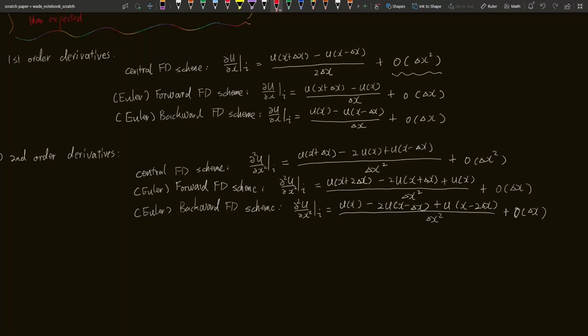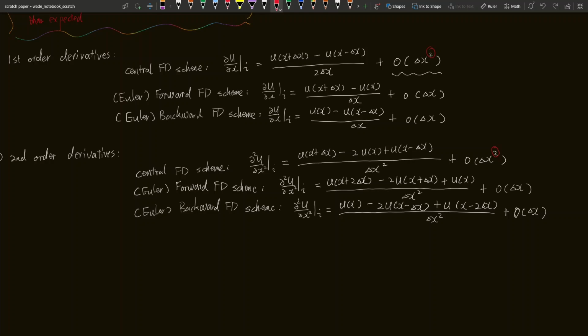Here we notice something. When we are deriving the central finite difference schemes, the order of accuracy is always one order higher than designed, for uniform mesh, for uniform spatial discretization.